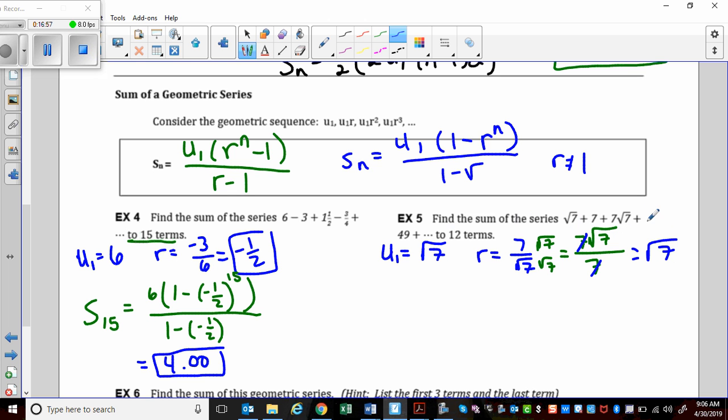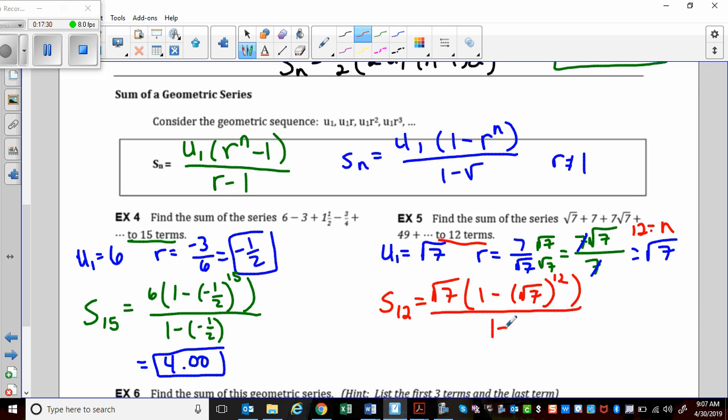My n is going to be 12. They want the first 12 terms. Add up the first 12 terms. So n equals 12. I'm just going to plug it into the formula. S sub n, or S sub 12, equals my first term, which is the square root of 7, parentheses 1 minus the square root of 7 to the 12th power, all over 1 minus the square root of 7.